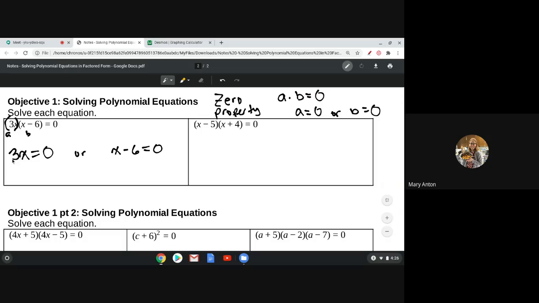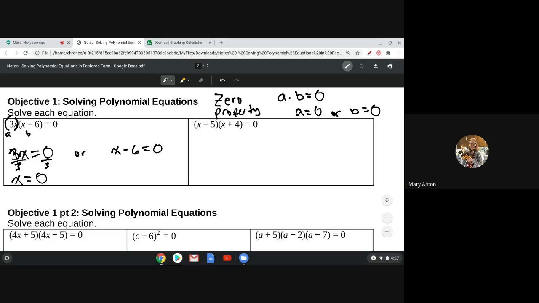And now, class, let's just start with the one on the left. This 3x is equal to 0. What does x have to be, or how do we get x alone? Well, we can divide both sides by 3. These 3's cancel, and we just get x is equal to 0 divided by 3, which is just 0. So that means x can be 0.